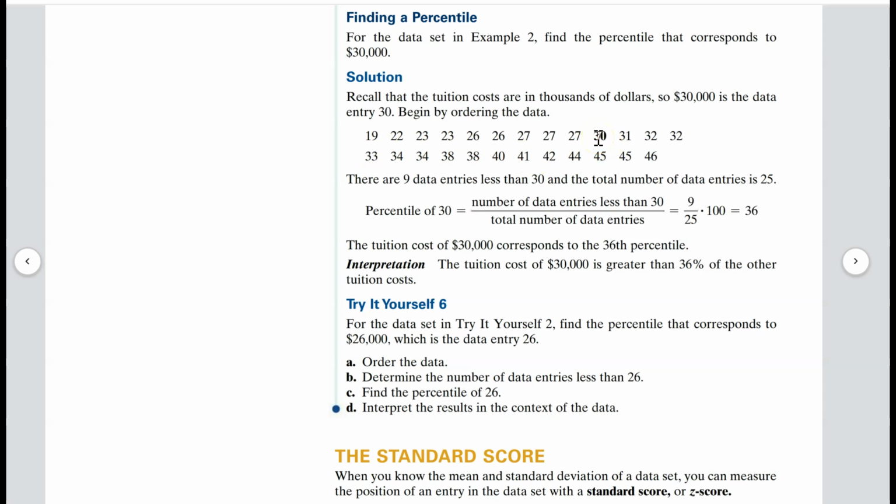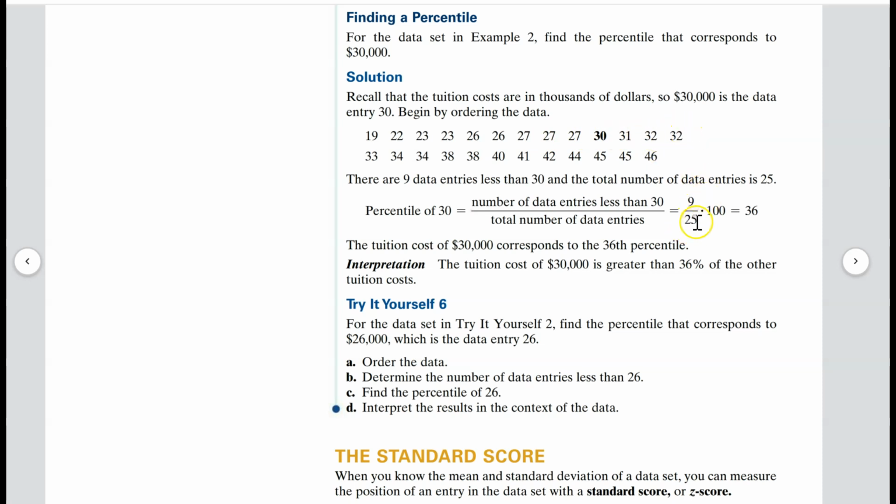I count the number of data entries that are less than this one. Since it's already in order, that'll be easy. There's 1, 2, 3, 4, 5, 6, 7, 8, 9. So 9 goes on top of that fraction, divided by the total number of data entries. Let's see the total. Total is 1, 2, 3, 4, 5, 6, 7, 8, 9, 10, 11, 12, and then 12 times 2 is 24 plus 1 extra is 25.